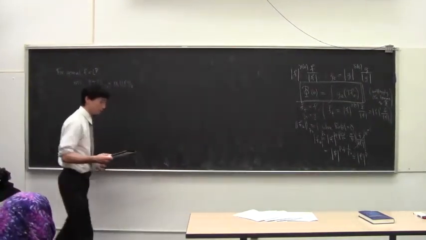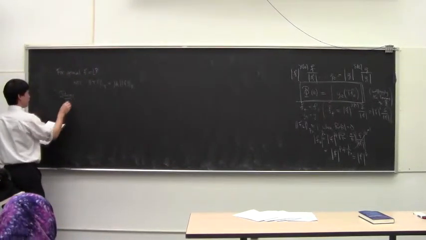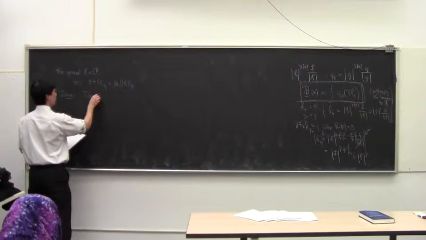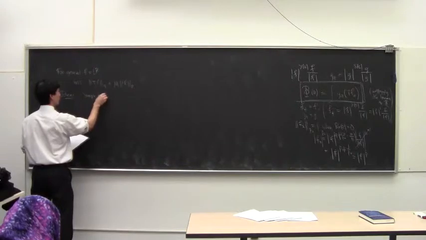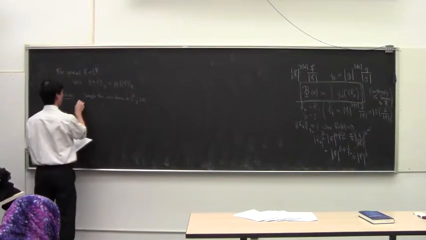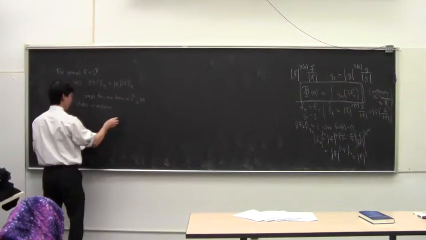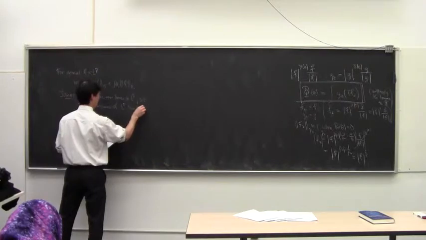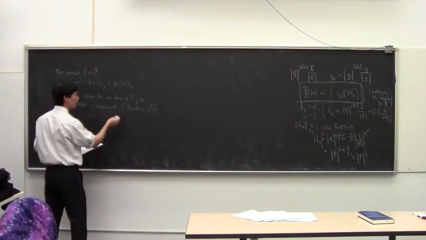Okay. So, roughly speaking, here's the idea. The simple functions are dense in L^p. So take a sequence of simple functions s_n such that they converge.